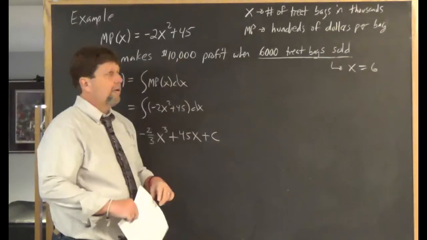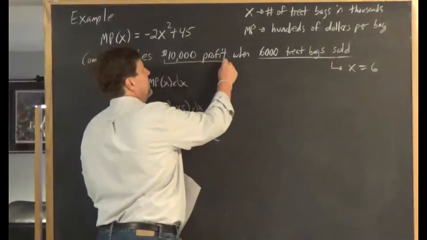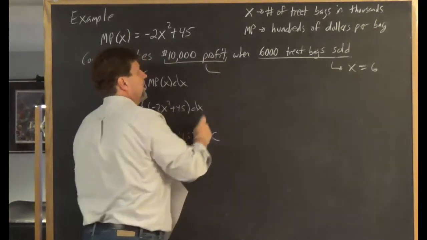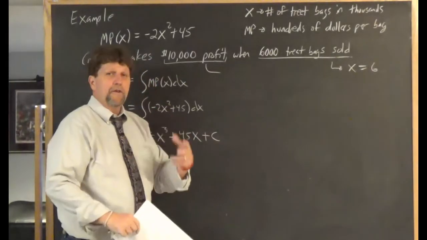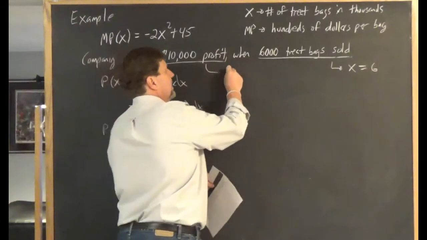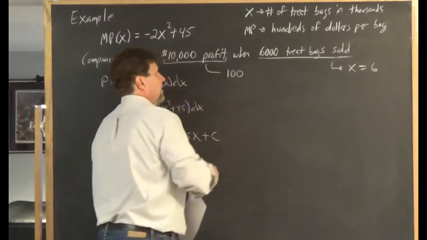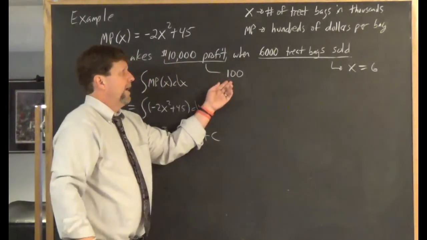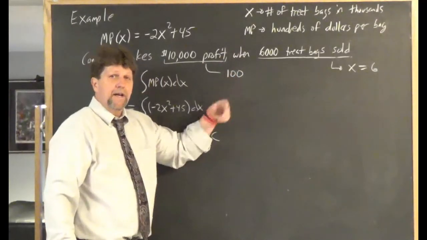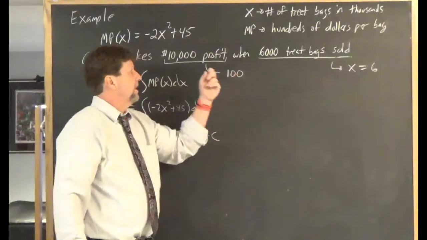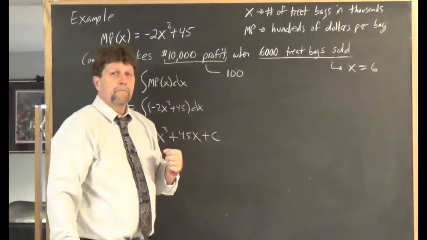So if I know the profit is $10,000, what are the units here? Well, the units are hundreds. That matches up with 100, because think about it, 100 hundreds is 10,000.